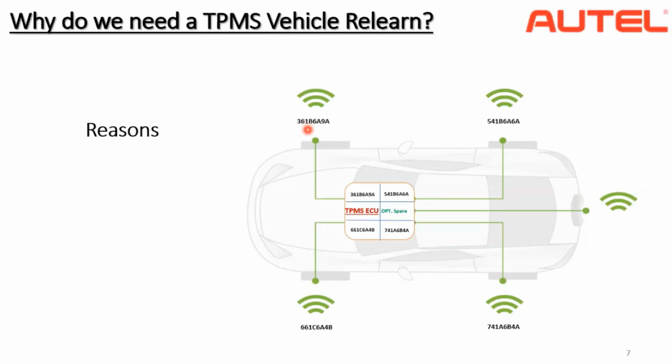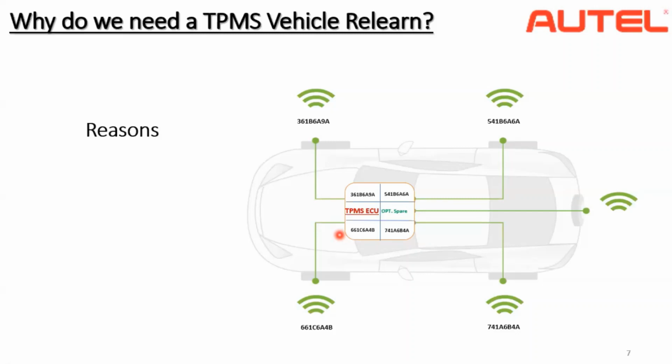So we need to teach the vehicle the location of the tire and wheel and the new sensor ID. Basically, if the location of the sensor has been changed, or a new sensor ID has been registered into the system or added to the car, then we should inform the ECU about the change. That's what we do in a relearn procedure.